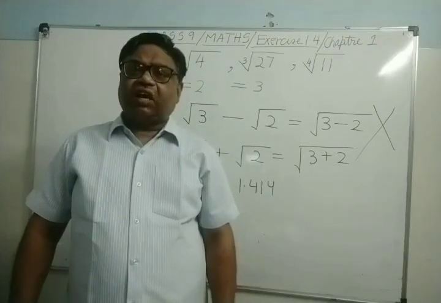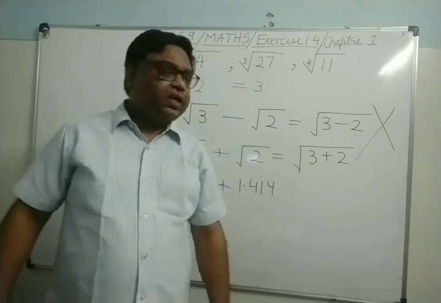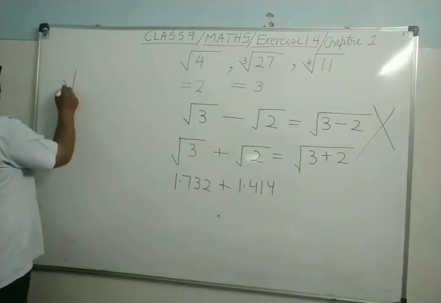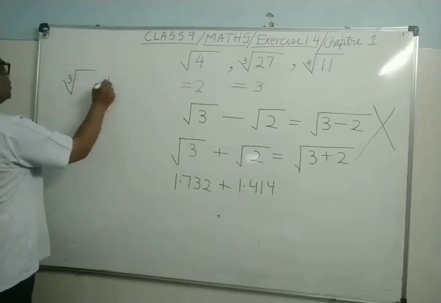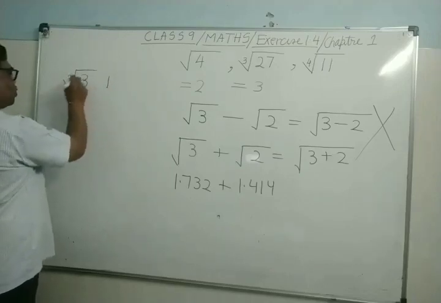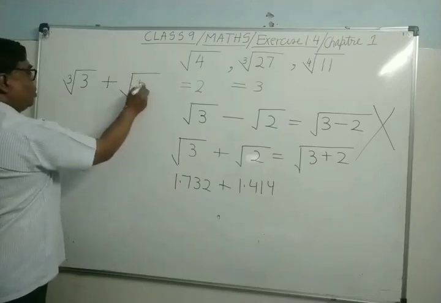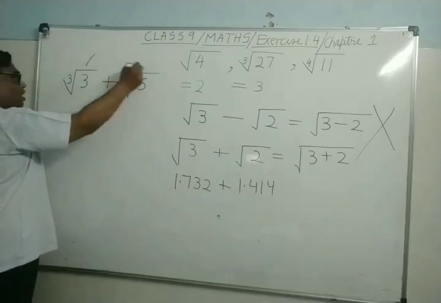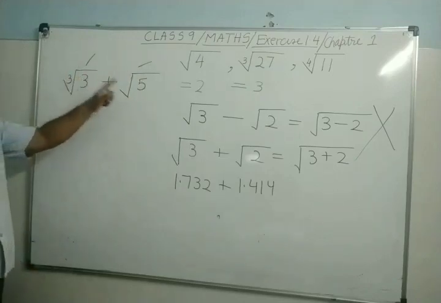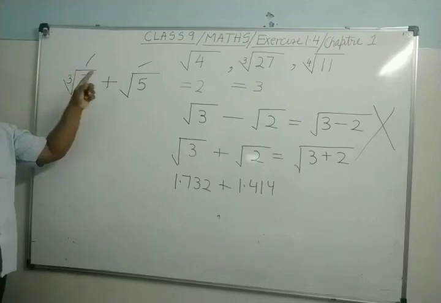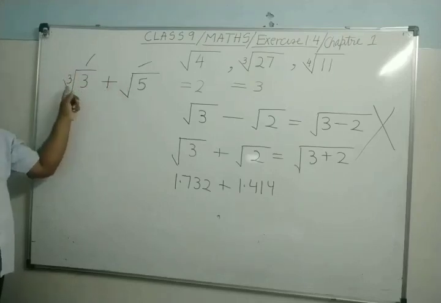Whether the surds are of the same order or of different order, here they are of the same order. Here if you write square root 3 plus cube root 3 plus square root 5, they are of different order. This is of order 3 and this is of order 2. The 2 is not written in the square root.